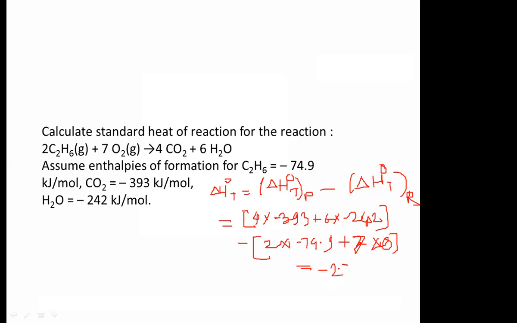The majority are getting minus 2874.2 kilojoule. Everybody understood? Very simple. Such kinds of numericals are asked. Abhijit Gaudi is also getting the same. Maximum students are getting minus 2874. Prerna too. So let us consider the majority answer, minus 2874.2, as correct.